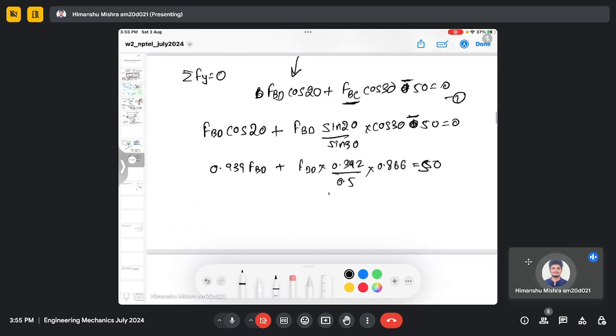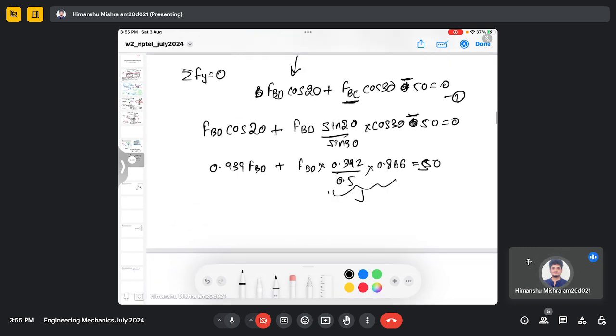So this whole term will be 0.592. So if I add this and this, it will be 1.531 FBD equal to 50.